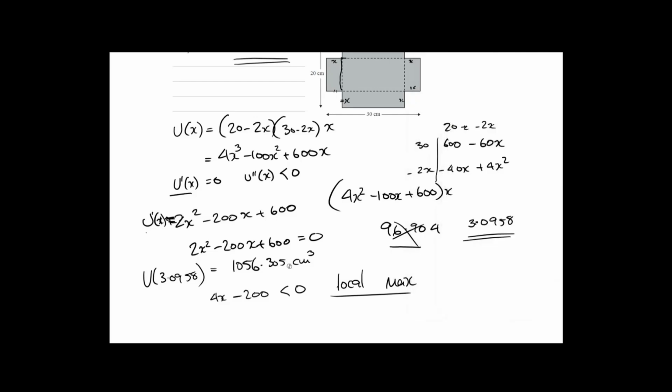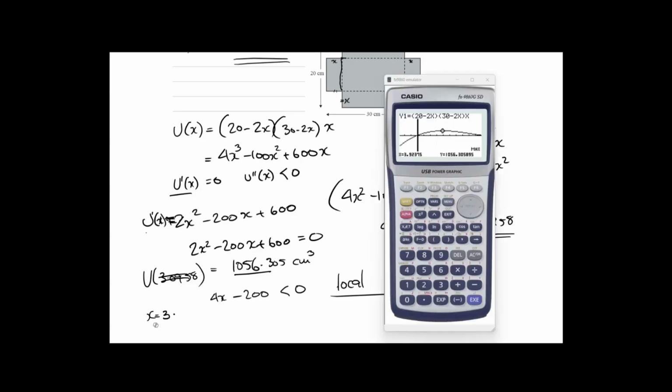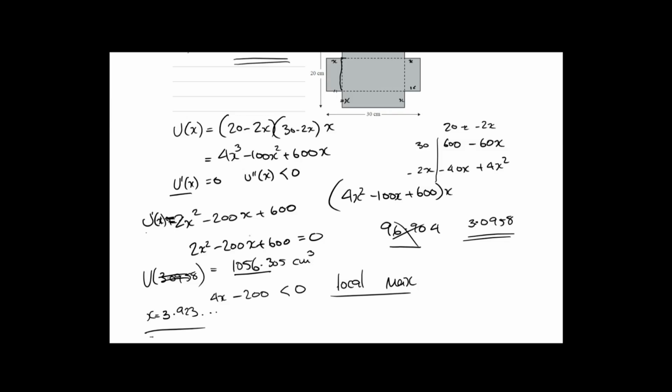There's an error, because I think this is the correct answer. I'm just going to use a better calculator. Okay, I just used a Texas calculator, and this one is the correct one. So it's maximized when x equals 3.923 and change. So there's a bit of an error there in the Casio calculators.